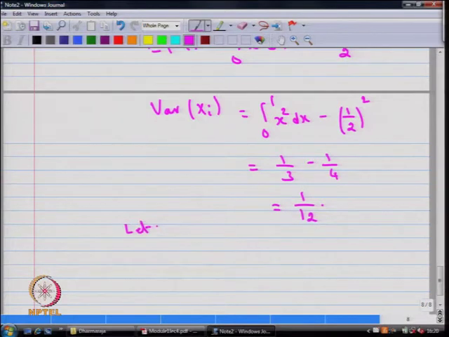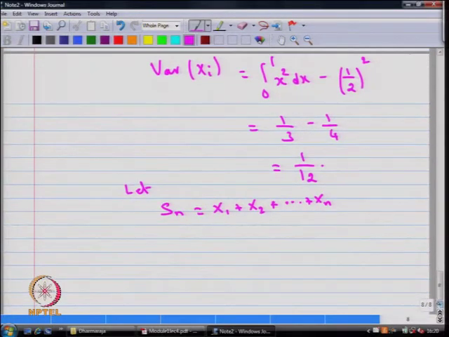Let S suffix n be X1 plus X2 and so on till Xn. One can find mean and variance of Sn, because you know the mean and variance of Xi's.